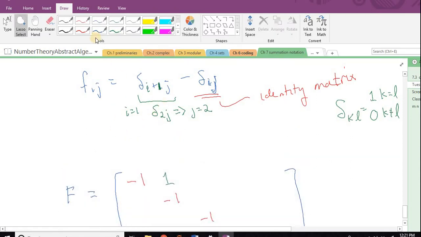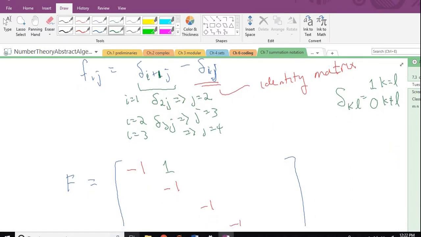Okay. So here we get when i equals 2, then we'd have delta_3j. And that means that j is equal to 3. And then the same thing, if i equals 3, then you're going to get j equal 4, etc. So when i equals 2, j equals 3, where is that? Row 2, column 3.